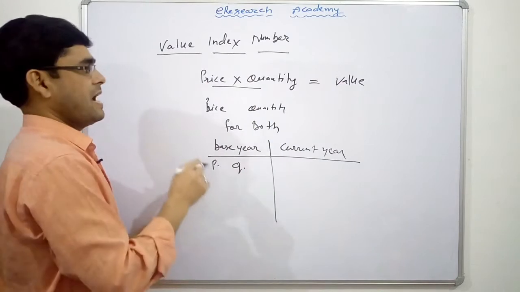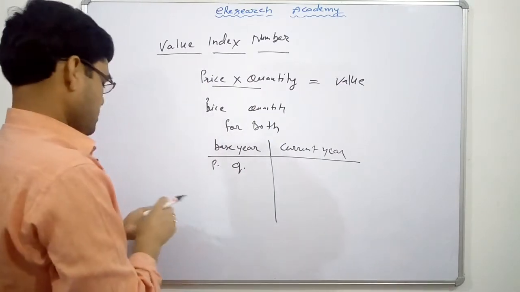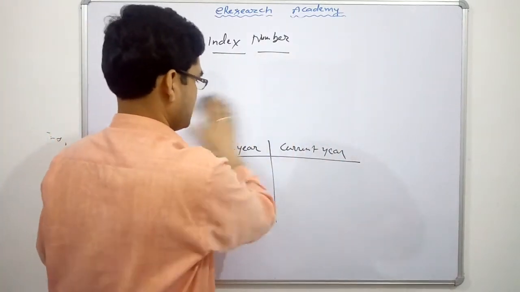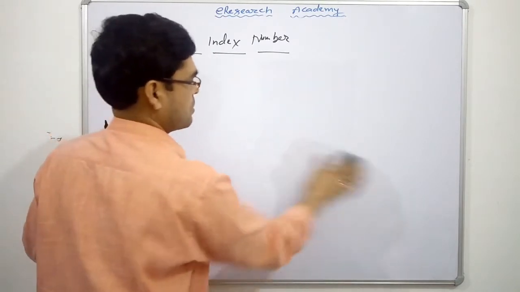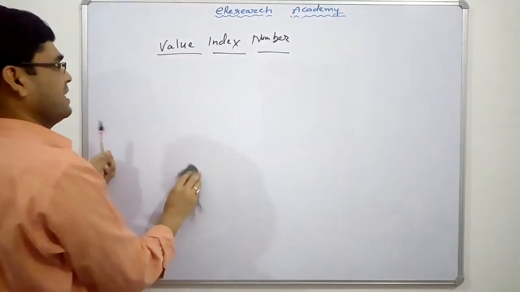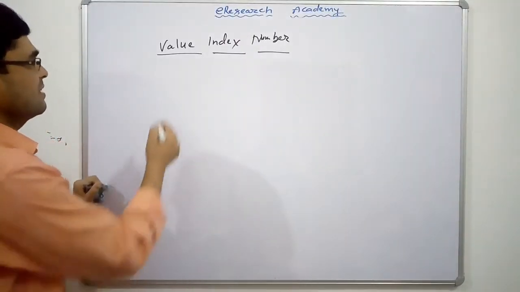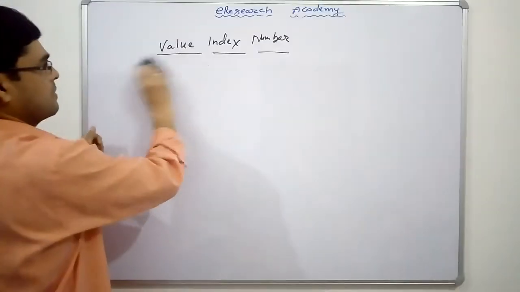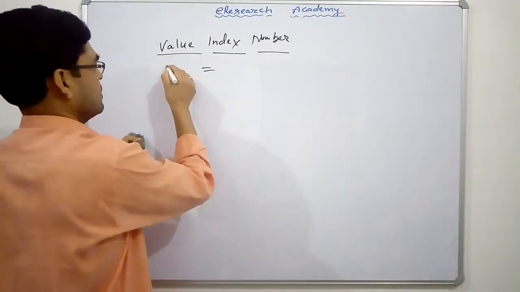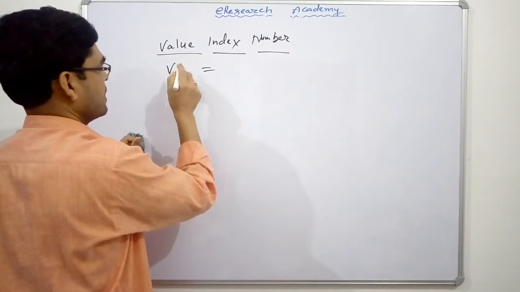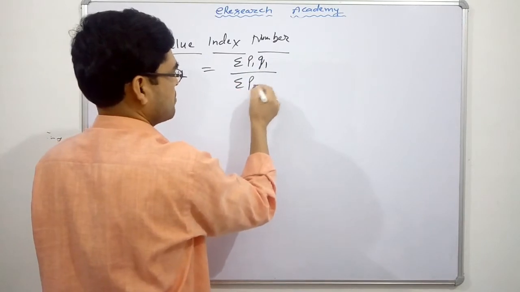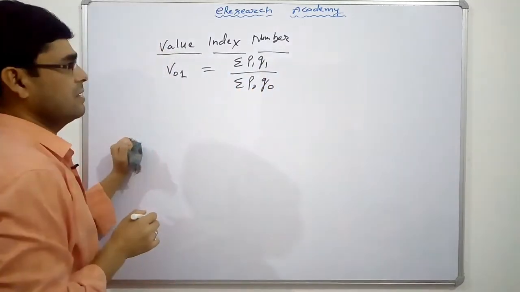It is denoted by V, and the formula is quite easy: sigma P1 Q1 upon sigma P0 Q0. The value index number is denoted by V01, equal to sigma P1 Q1 upon sigma P0 Q0.